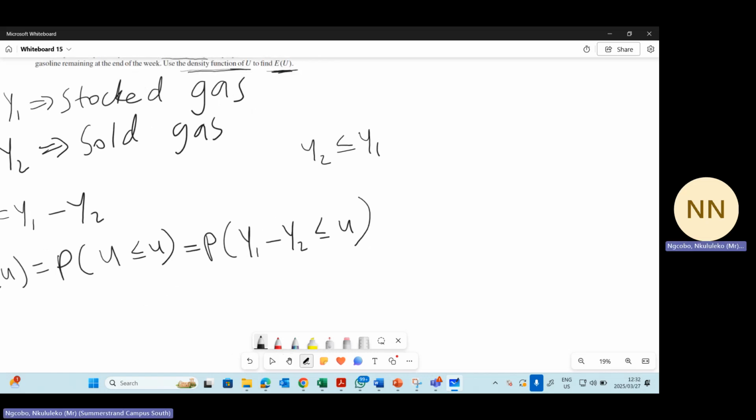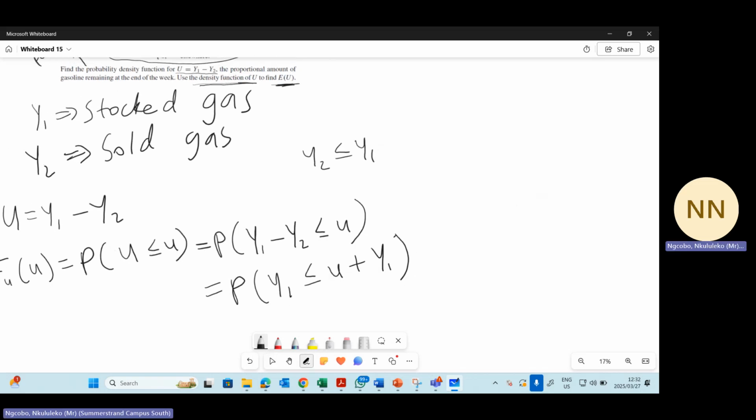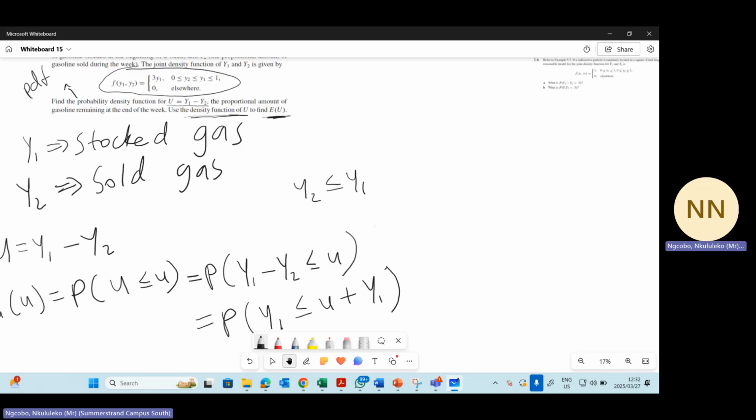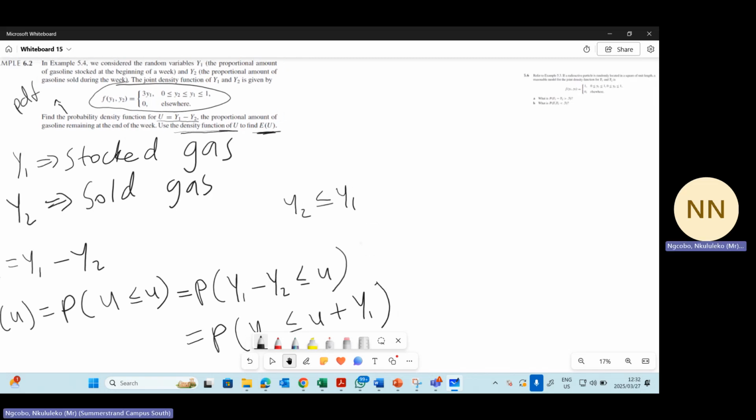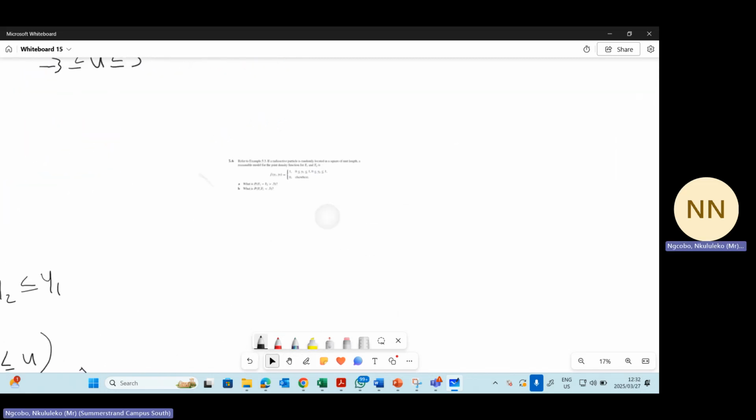Then, if you want to make y1 the subject of the formula here, it should be y1 less than u plus y2. So this is a double integration problem because you have two variables, but let's look at this example here before we finish off that one.